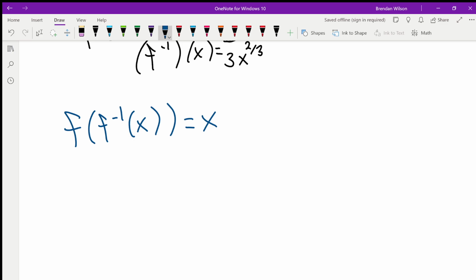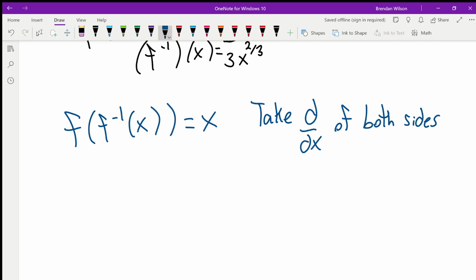If we take d dx of both sides, then what happens is on the right side, I'm sorry, actually we get 1, right? So I'll just write that on this side, I guess.